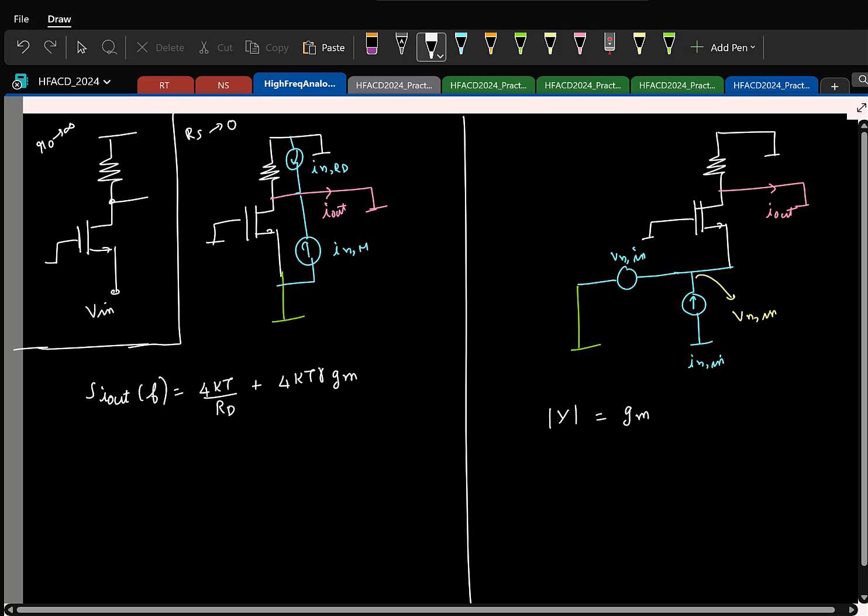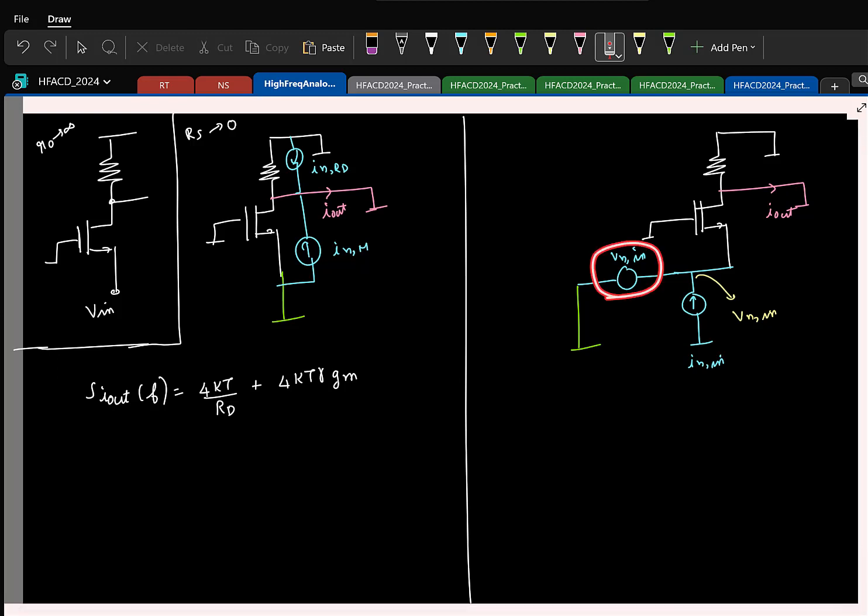Is that okay? Once again, if you find the input referred noise, or if you're confused, let's compute the current here. See, here the noise current is only due to this noise voltage.